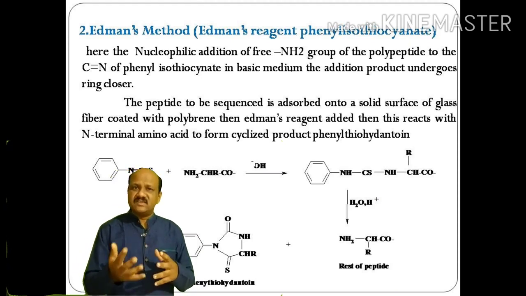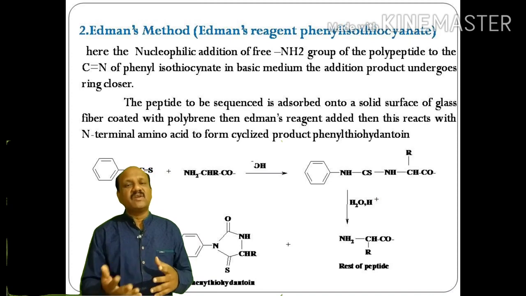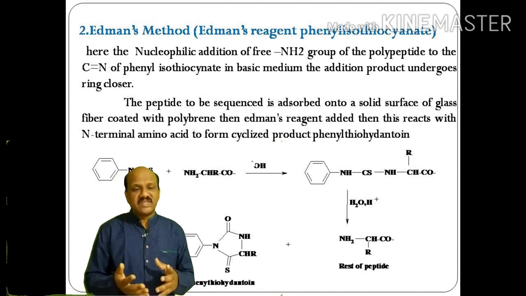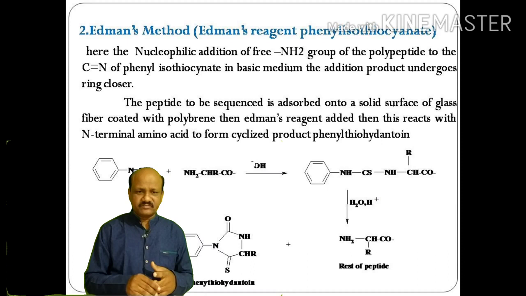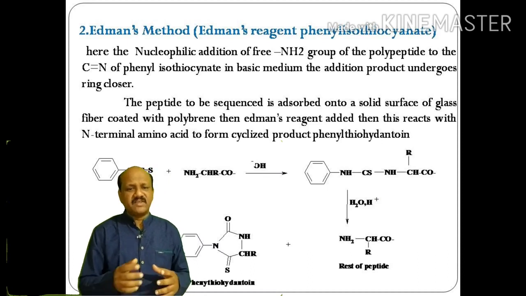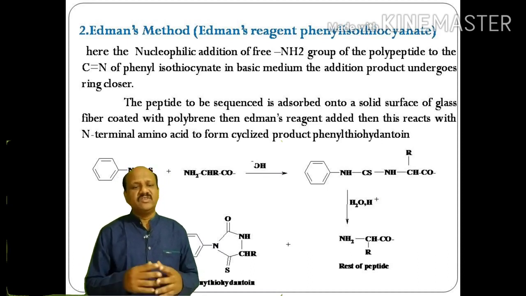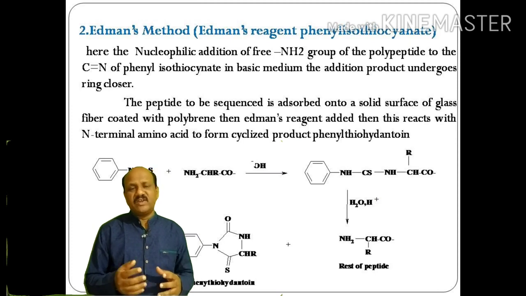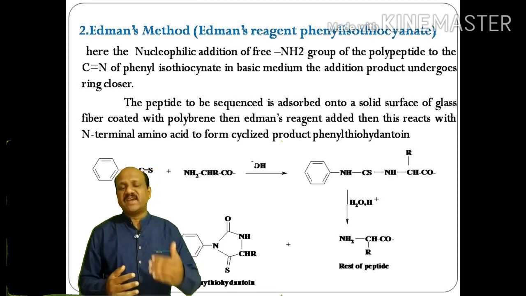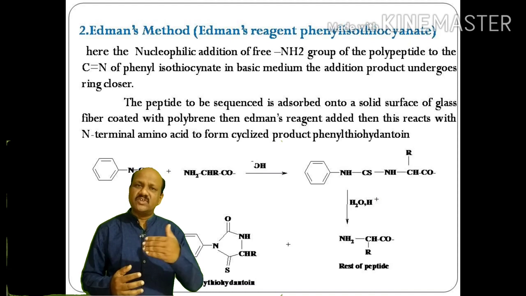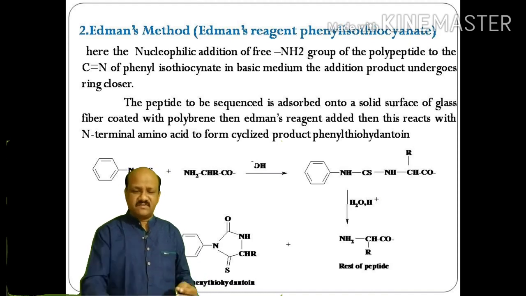It reacts with the N terminal amino acid to form a cyclized product, that is phenylthiohydantoin. So in this way the phenylthiohydantoin molecule is formed, and that can be analyzed through chromatography techniques.